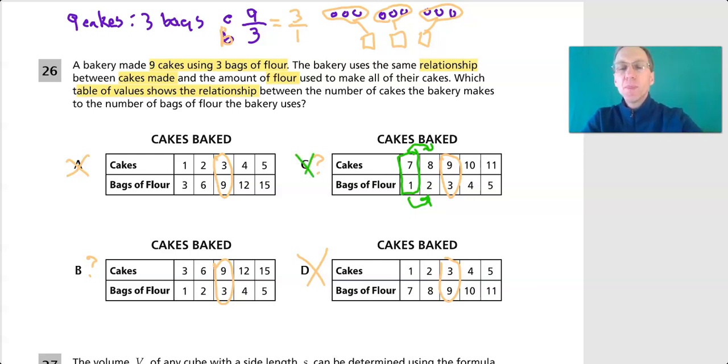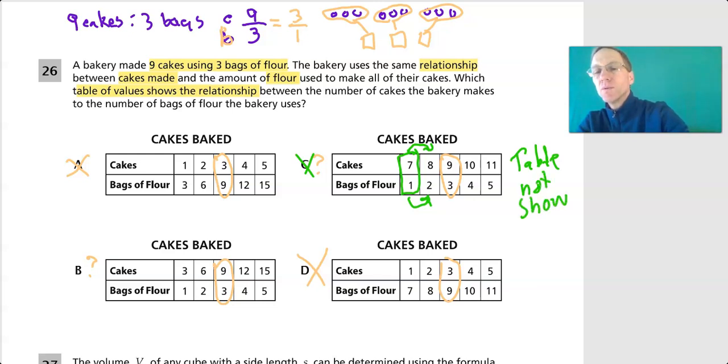So even though this has the ratio we're looking for, the table does not show the relationship of 9 to 3 or 3 to 1. It's really 3 to 1 that is the relationship. And this table does, in fact.